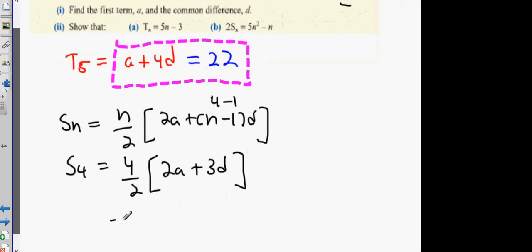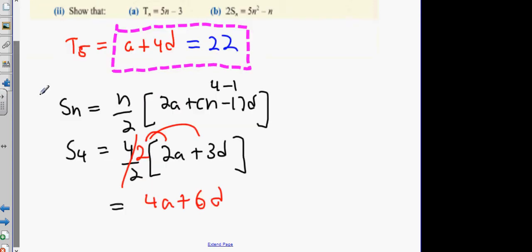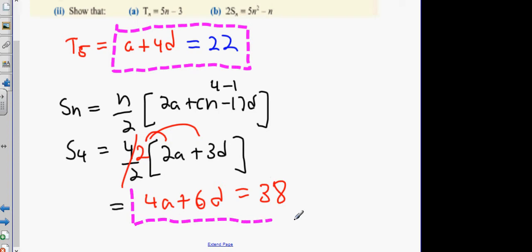And then 4 over 2 is the number 2. Multiply it in, and you get 4a plus 6d. 4a plus 6d must be equal to 38. And now from your 2 pieces of information, you've created your simultaneous equation.